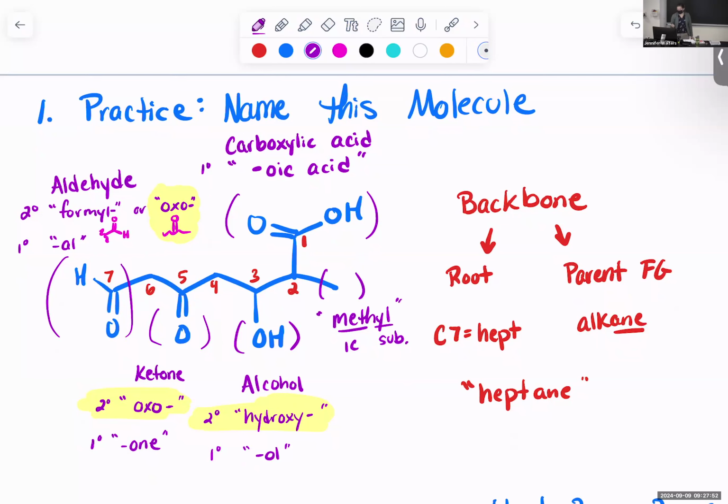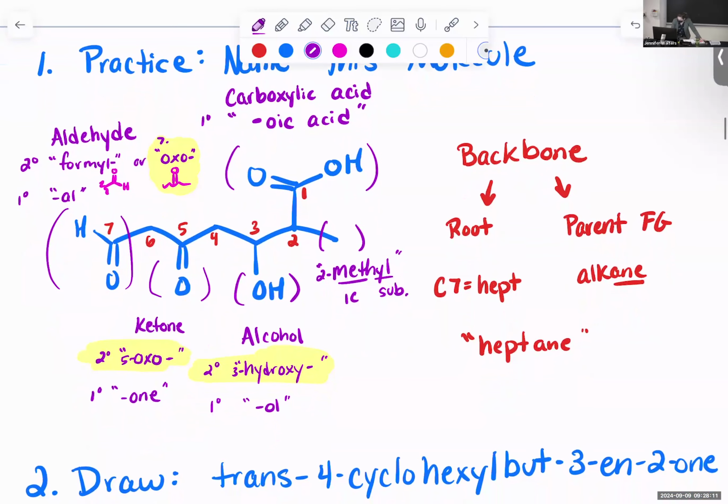All right, so then we already know our locations because the carboxylic acid had to be number 1. So then our methyl is 2, our alcohol is 3, our ketone is 5, and then our oxo is 7. Then how do I assemble all of my prefixes?